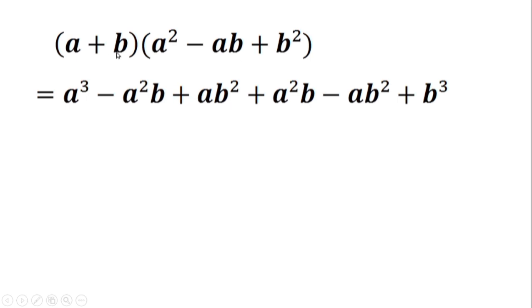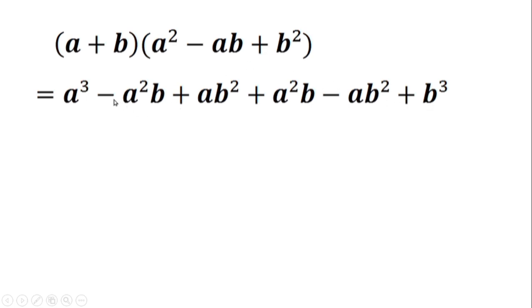And for this one, by the commutative property of multiplication, we have a squared times b, a squared b plus, and b times ab, this will result in minus because this is minus ab squared, and lastly b times b squared is b cube, and this is plus.